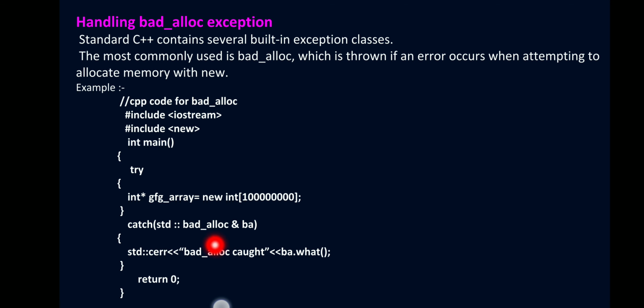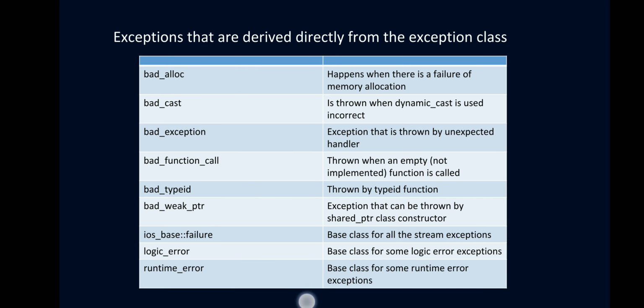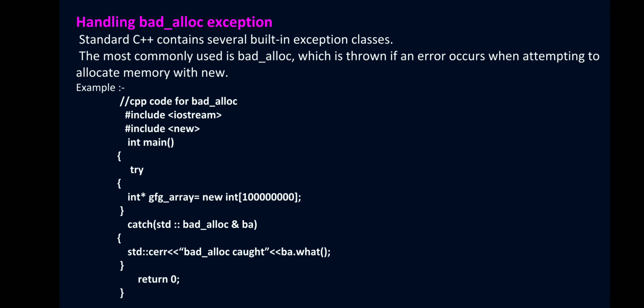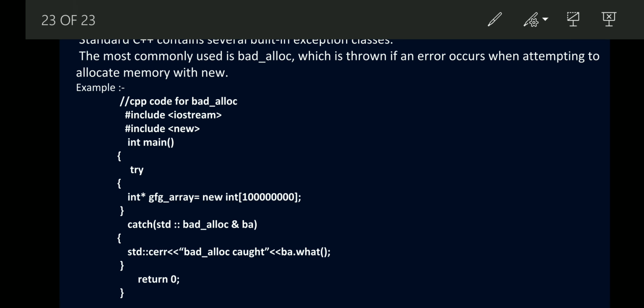Here you can see ba.what. This what function will display the error message already defined in the bad alloc exception class.